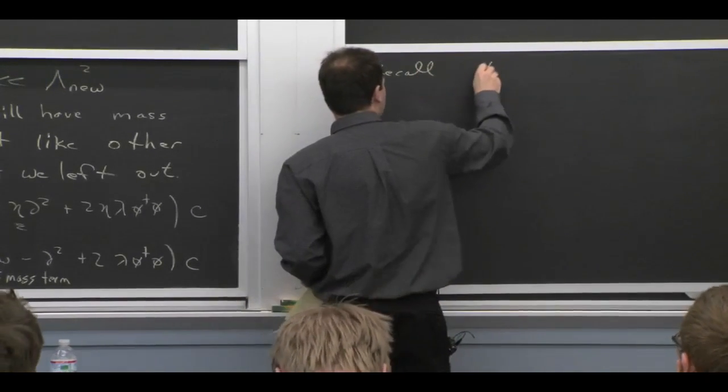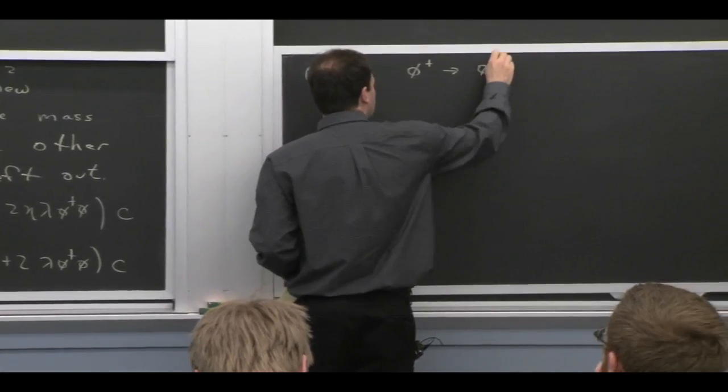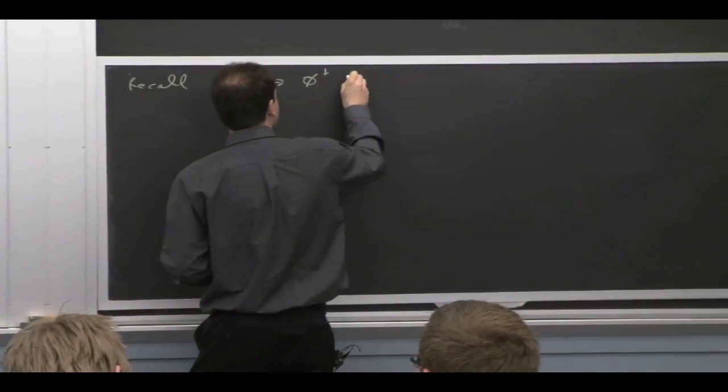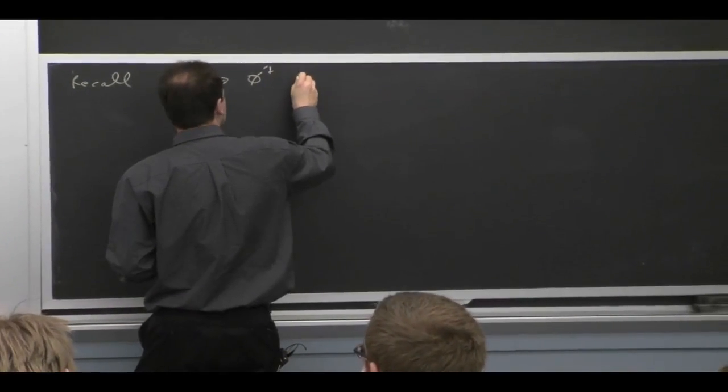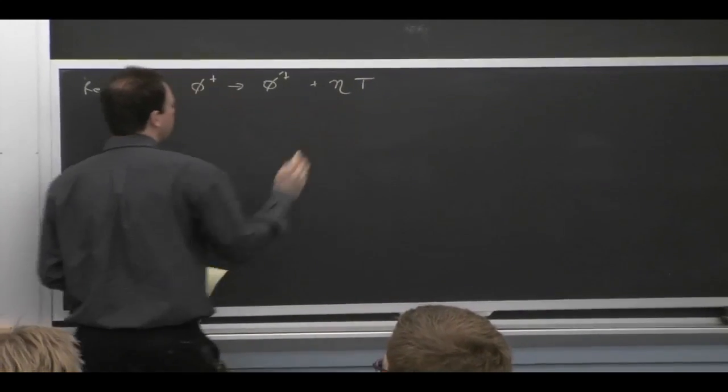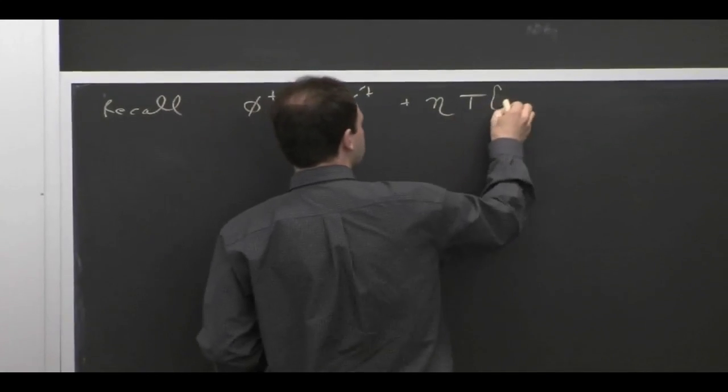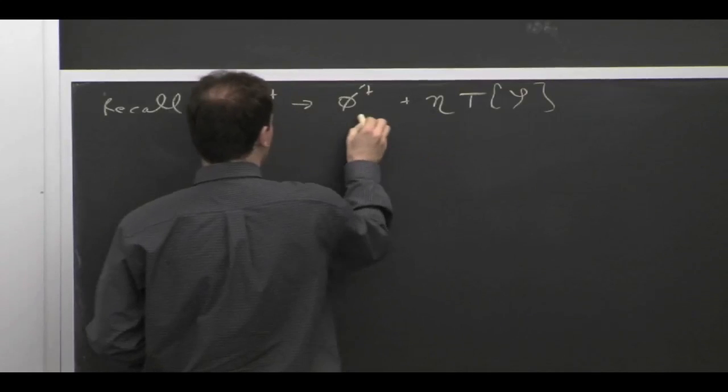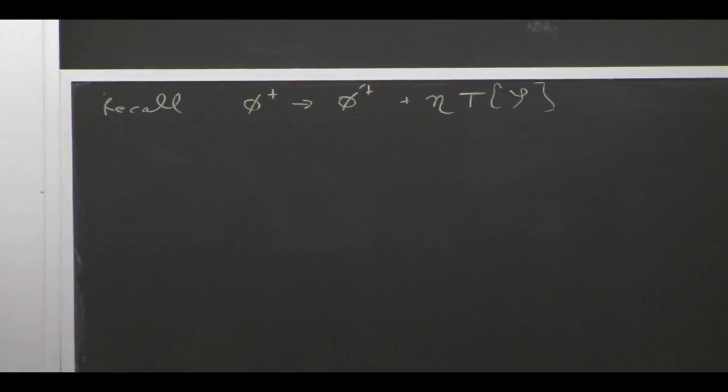and you trace back where that 1 came from, we had a field redefinition that was of this form, and this guy was a function of other fields. But we always had this term. And that term was related to the presence of this 1, and that was important for this argument.